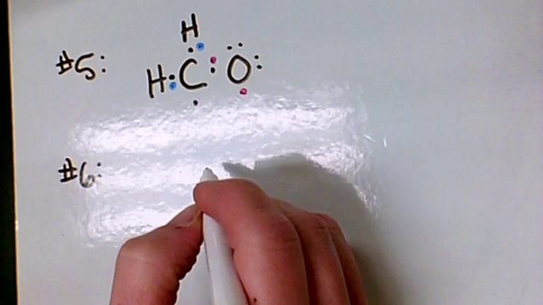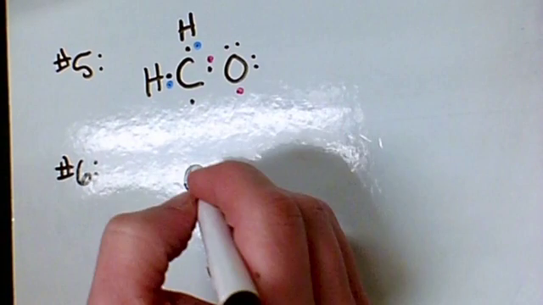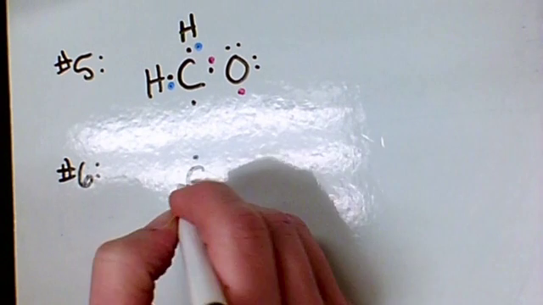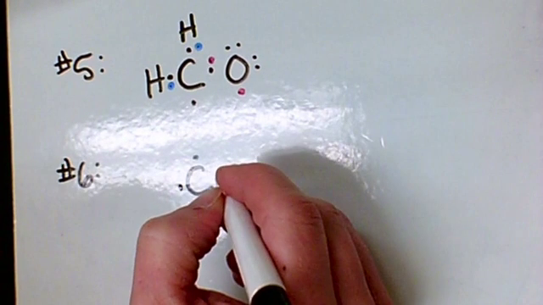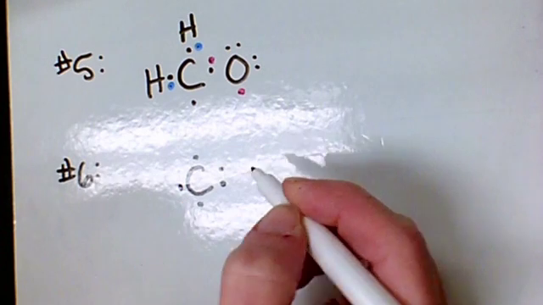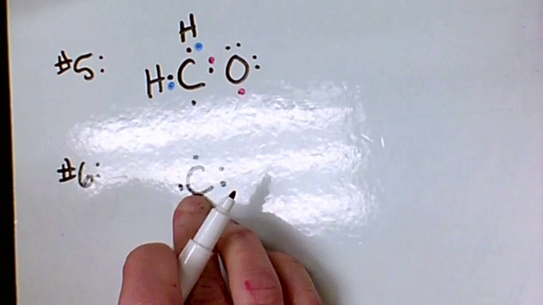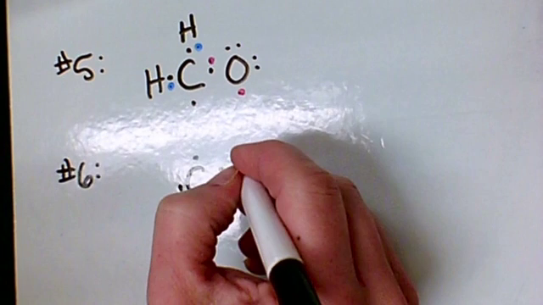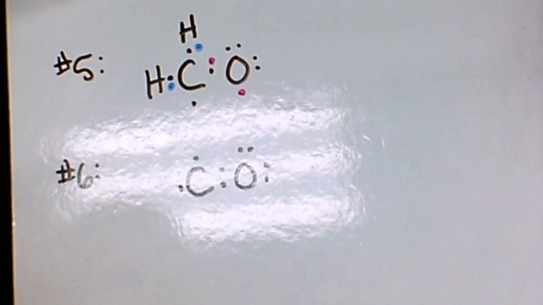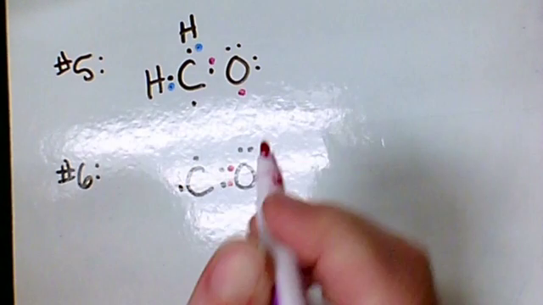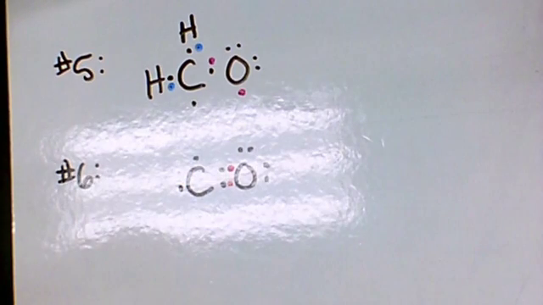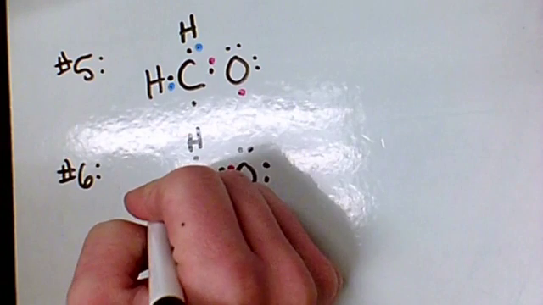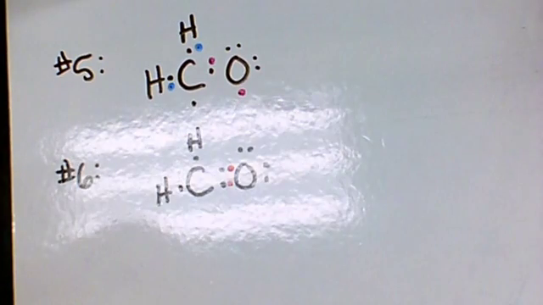So I'm going to take my carbon, going to move that electron up there. Here's my oxygen. I'm going to move the other electron over here. So now I've formed a double bond. And then I'm going to attach my hydrogens that I already had single bonded up here.